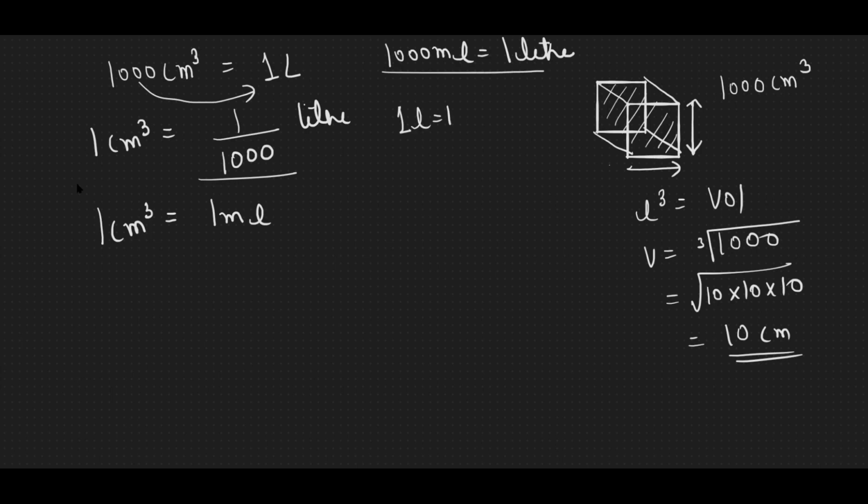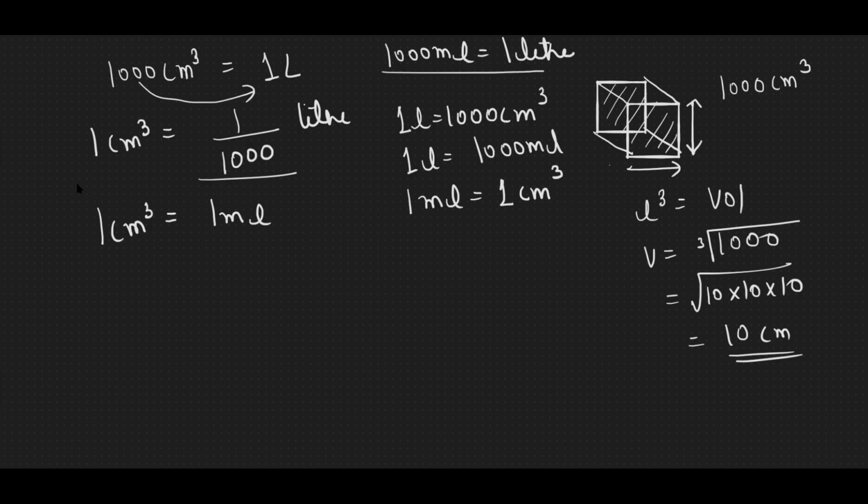1 liter equals 1000 centimeter cube. 1 liter equals 1000 ml, and 1 ml equals 1 centimeter cube.